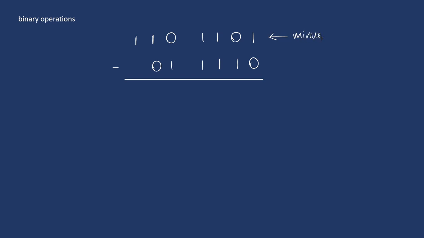So let's take this example: I want to subtract 1101 from 011110. Technically speaking, this top number is called the minuend, and this is the subtrahend. When your subtrahend is less than your minuend, you're going to have regular subtraction. So let's carry on with this.